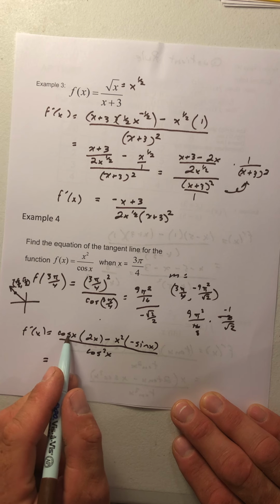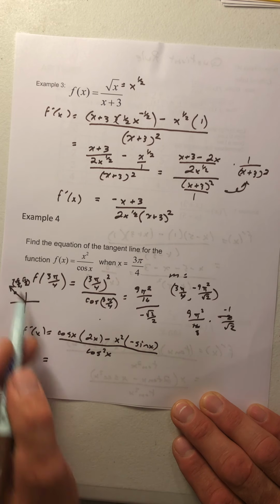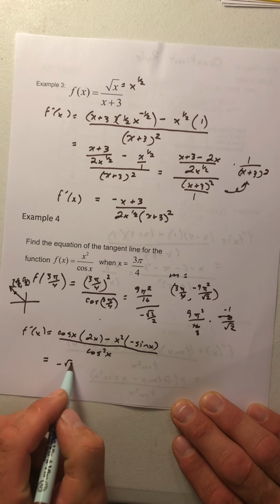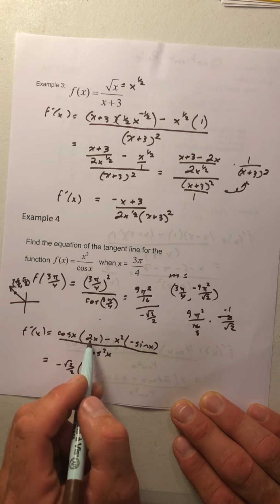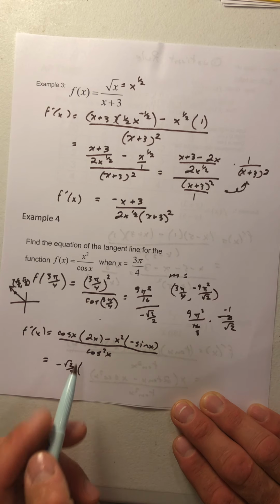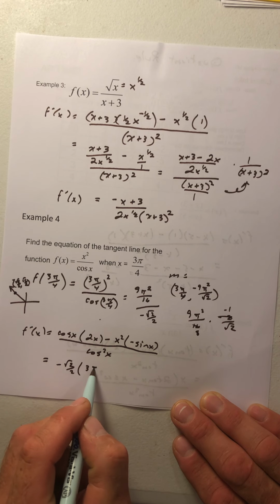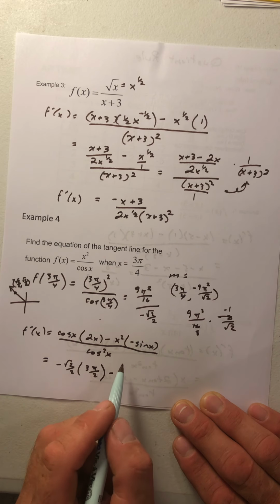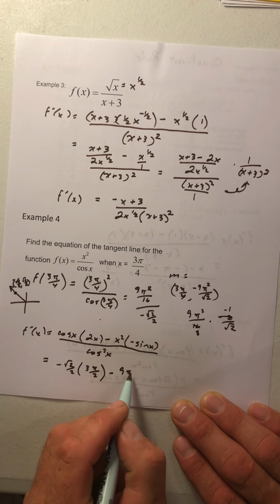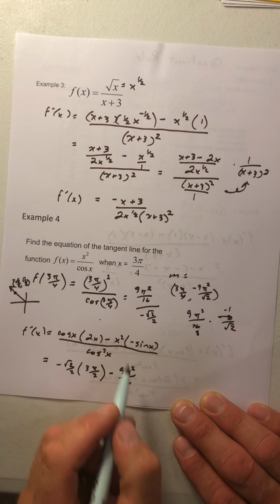So we have the cosine of 3 pi over 4, again negative radical 2 over 2, times 2x. So 2 times 3 pi over 4 is going to be 3 pi over 2. From that, we're going to subtract that x value squared, which again was 9 pi squared over 16. We found that earlier.